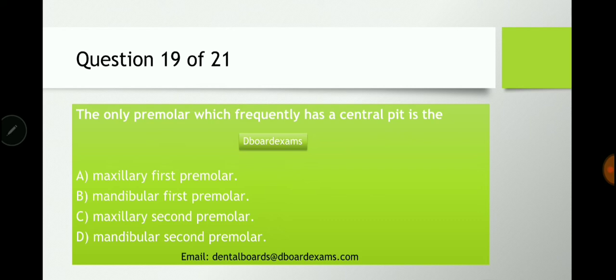Which premolars have variations like U type, H type, Y type? Those are the second premolars. Remember the Y type ends up having a central pit. So the answer is going to be the mandibular second premolar, to be specific, the Y type. So answer is D.